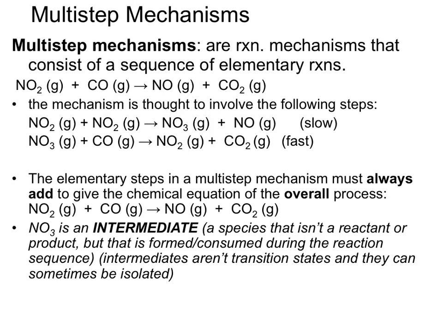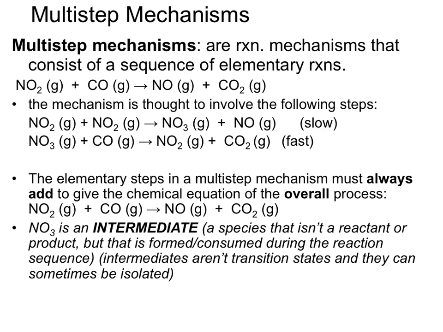Multi-step mechanisms are a summation, or a reaction sequence, consisting of elementary reactions. Those individual elementary reactions express what's happening to the overall reactants and products that we see in the overall balanced equation. Now for this specific reaction here, the mechanism is thought to proceed by the following steps.